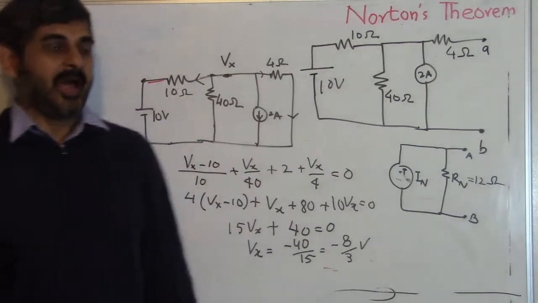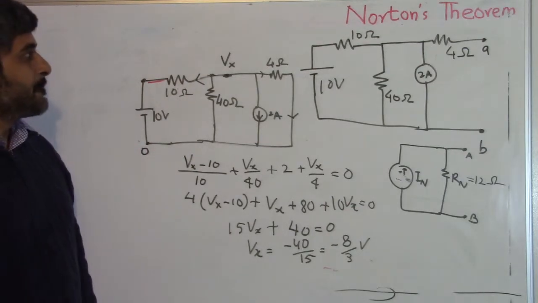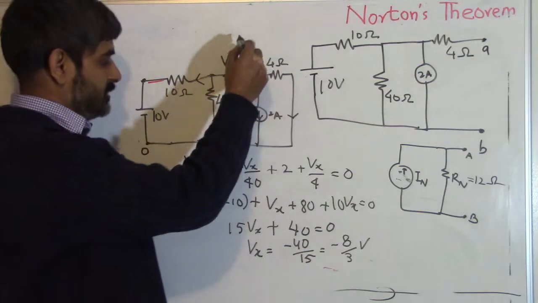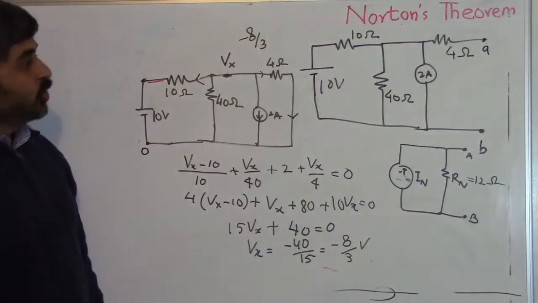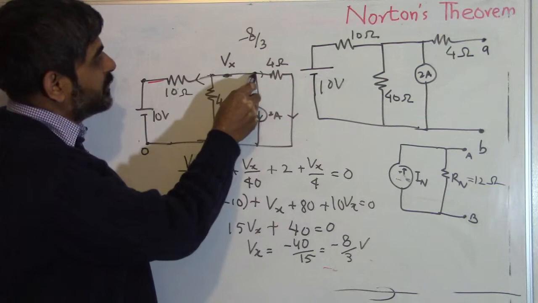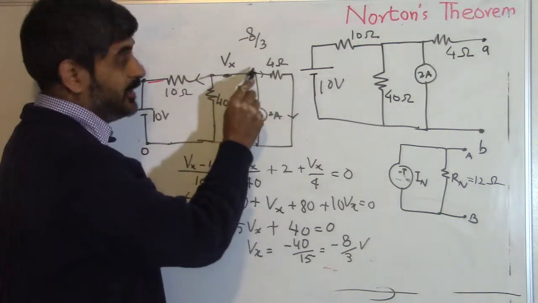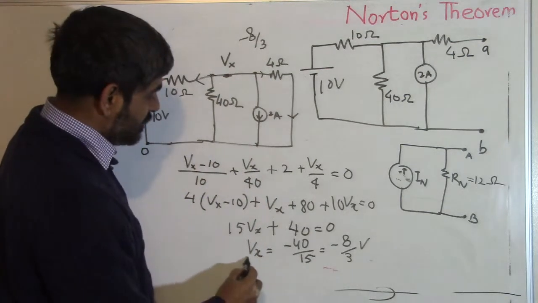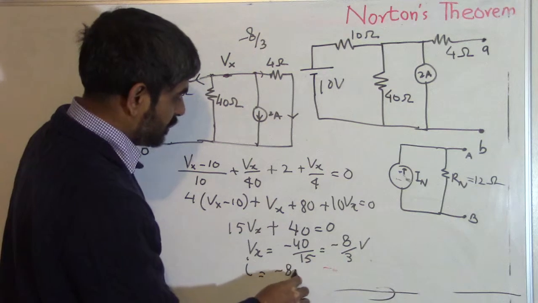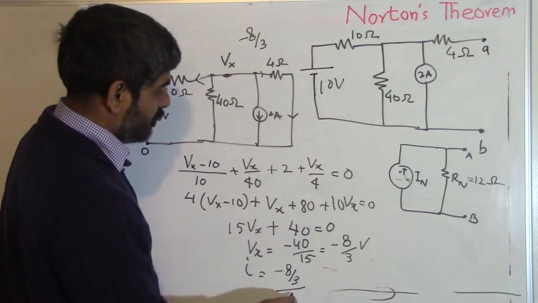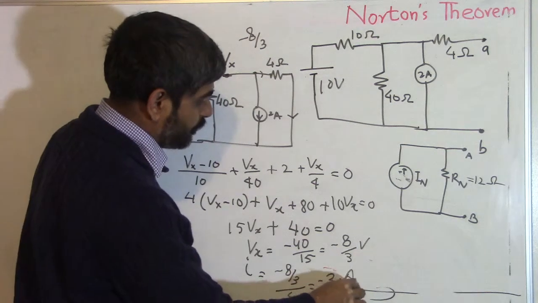What does it mean? That this voltage Vx is at a negative voltage, and that negative voltage is minus 8 by 3. So minus 8 by 3 volt is here, 0 volt is here. That means the current I in this resistor is going to be this voltage, minus 8 by 3, divided by 4, or minus 2 by 3 amp.